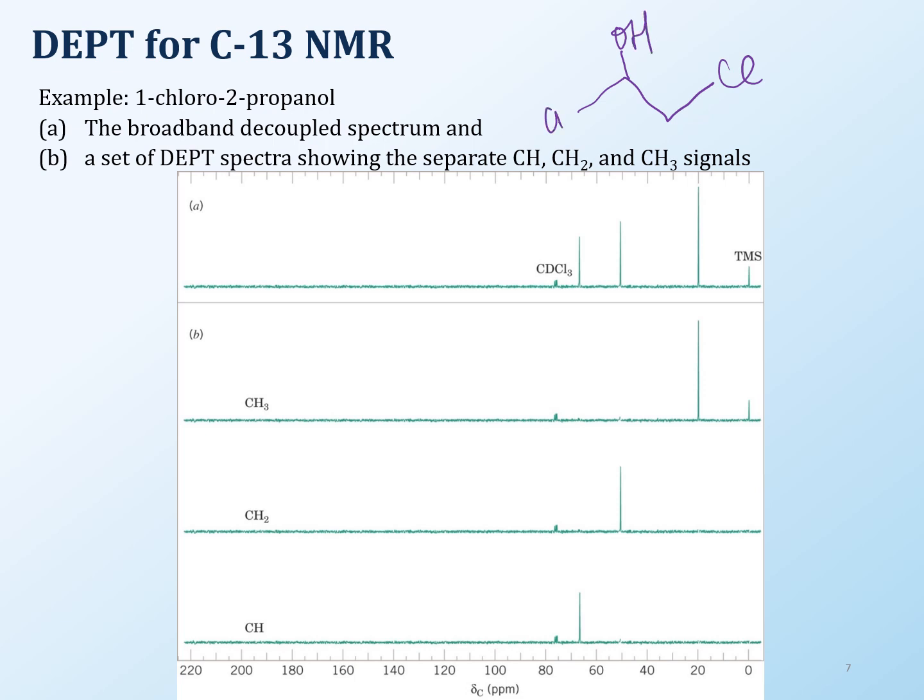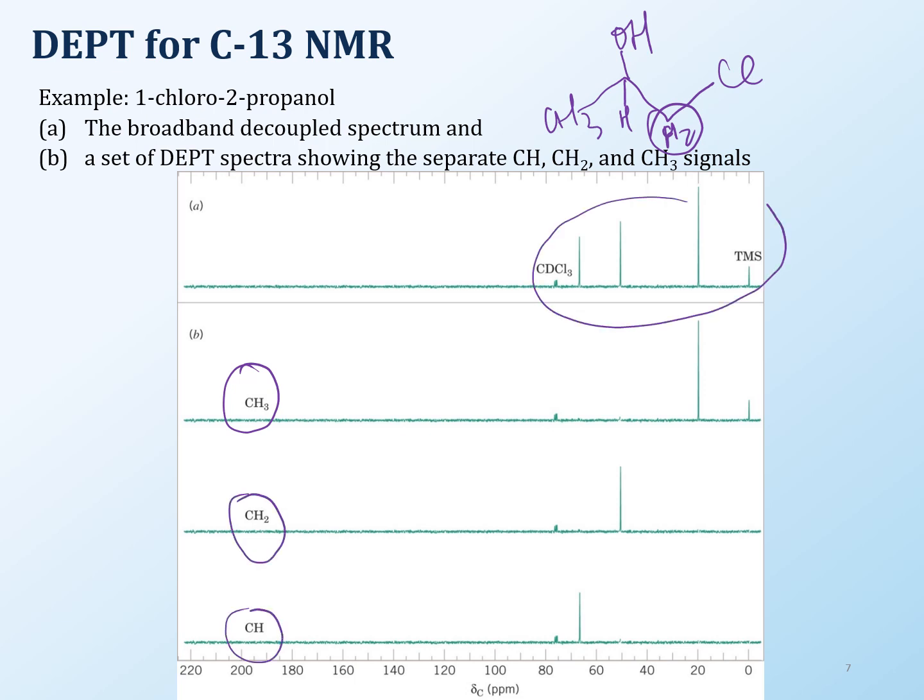So you have a CH3 here, you have a CH here and a CH2, so this is 2 hydrogens here. Which means you have a peak for CH3, a peak for CH2 and a peak for CH, which we're showing here as 3 different peaks. Now you can separate them out and then assign them.